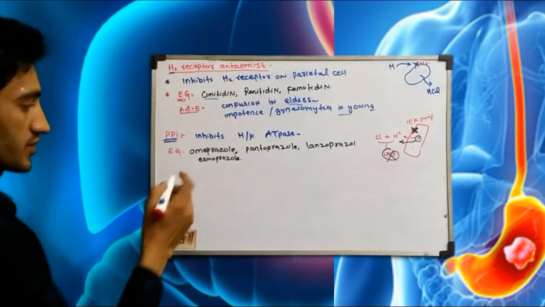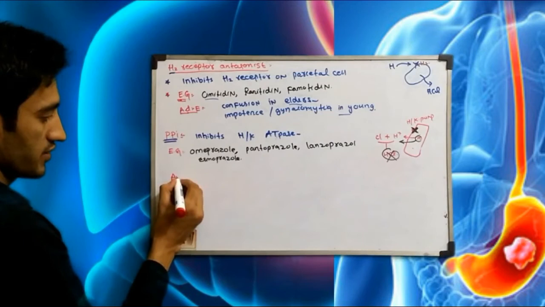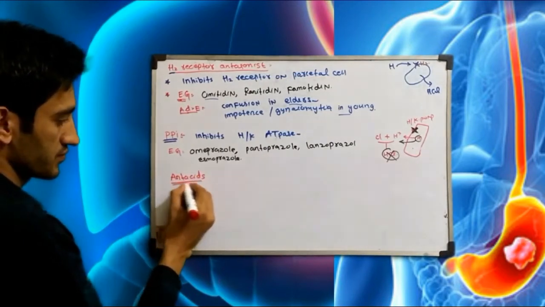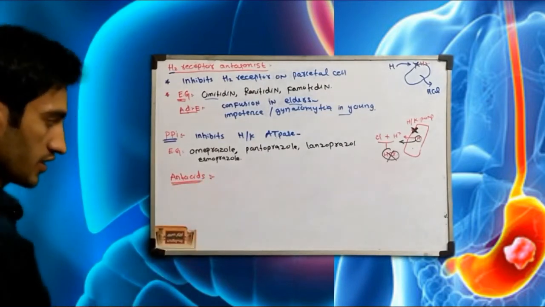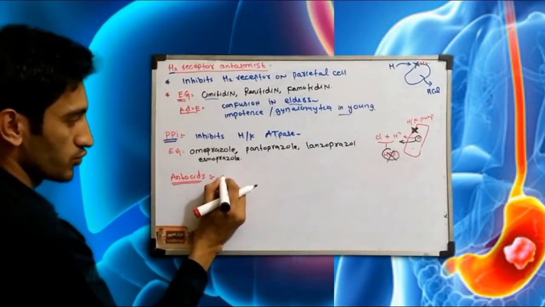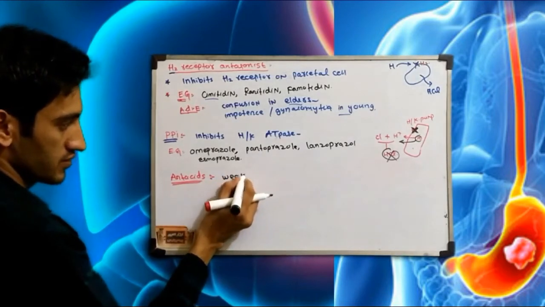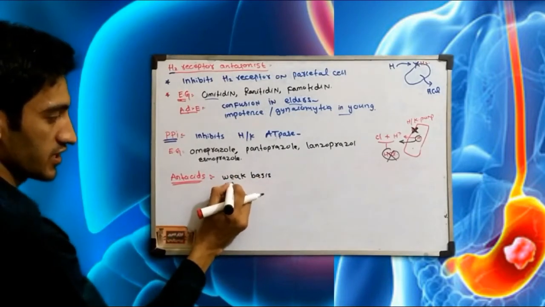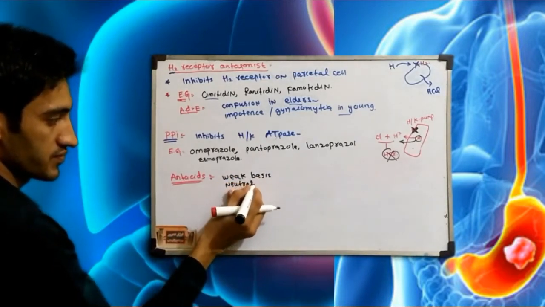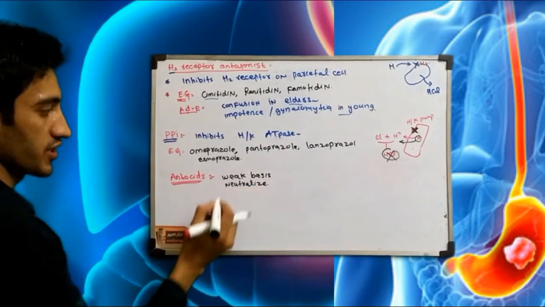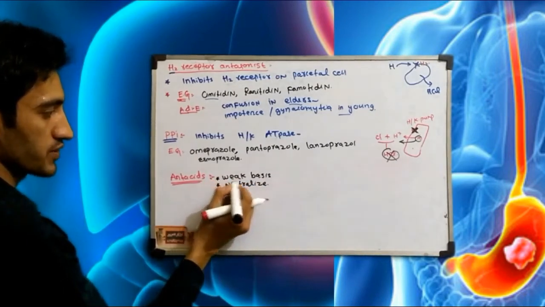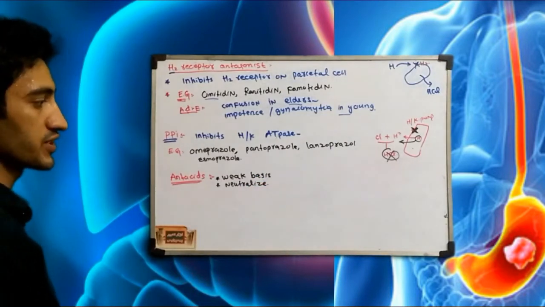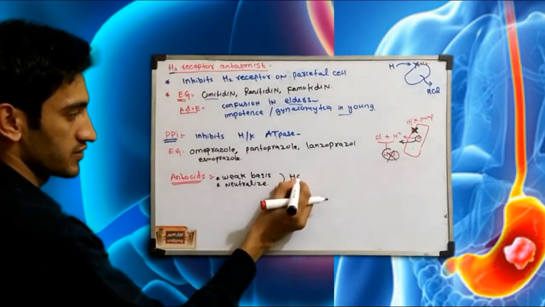Another drug group is antacids. Antacids are actually weak bases. They will neutralize the acid in the stomach. Acid-base reaction, neutralization. So they will neutralize the acid in the stomach and reduce the acid level.